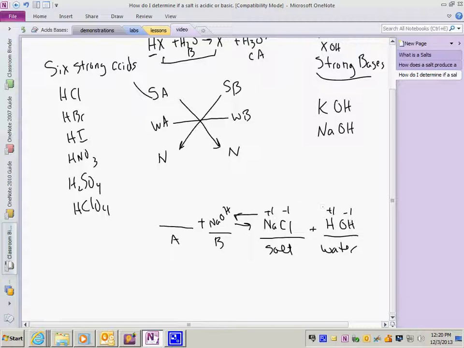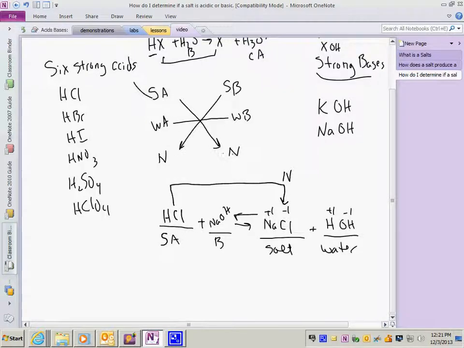So NaOH is my base, HCl is my acid. Now, are these strong or weak? Well, you should note that this is one of my 6 strong acids. So put strong here, and therefore its conjugate, the chloride, and both of my conjugates go to the salt. This is going to be a neutral anion because it comes from a strong acid.